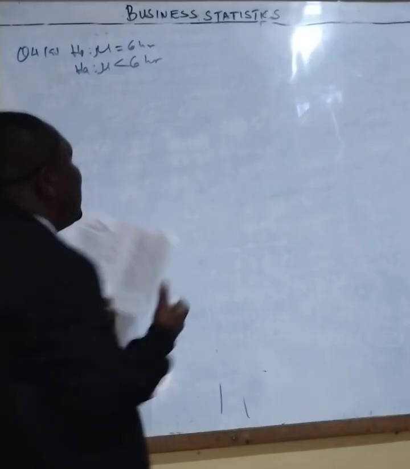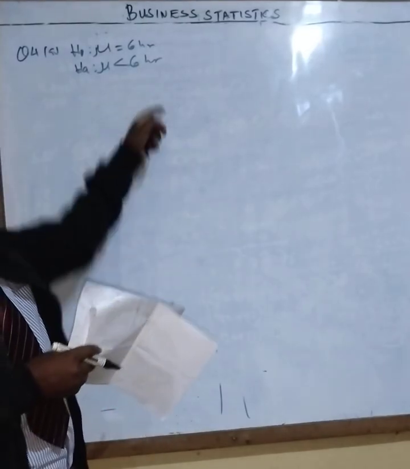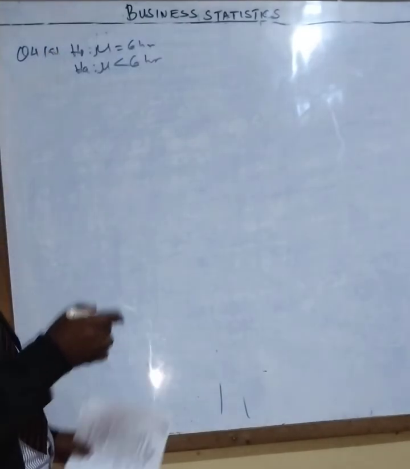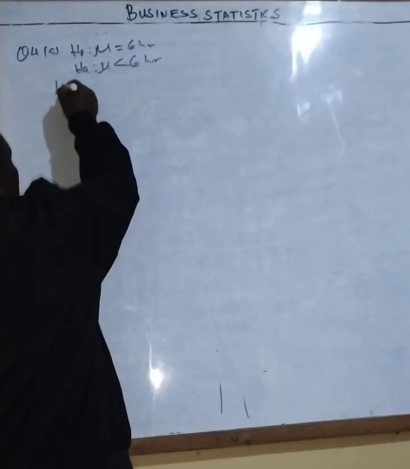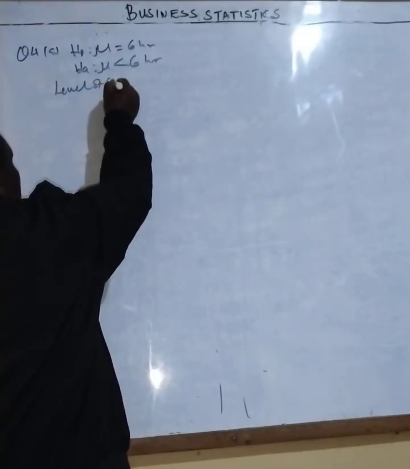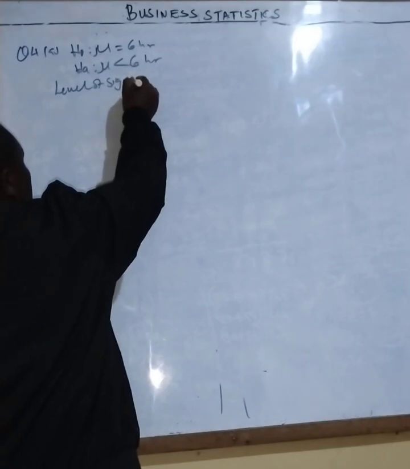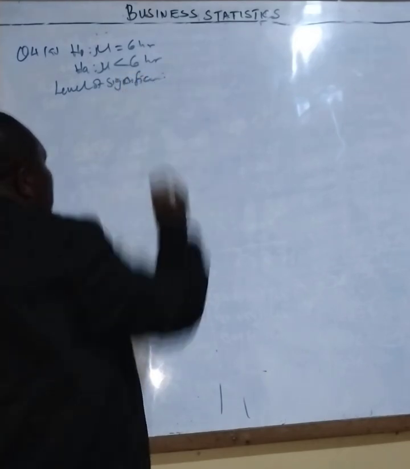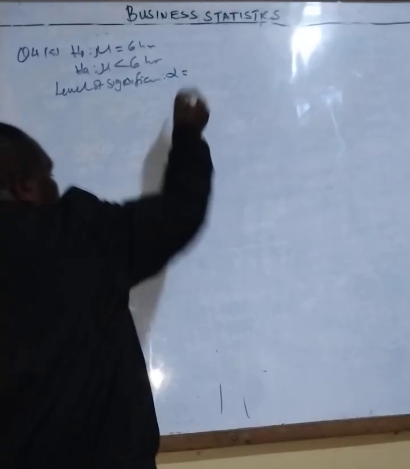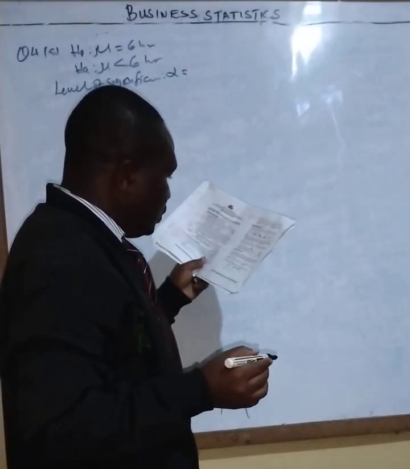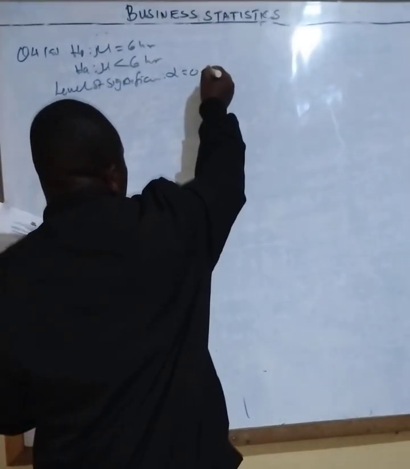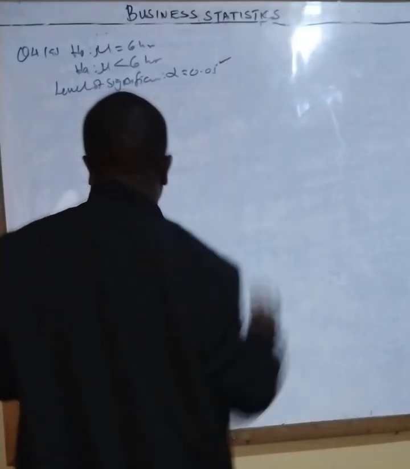You see, when you say less than, that is how it looks. Then we move on to the next step, level of significance. In this case, we have been told it is 0.05.